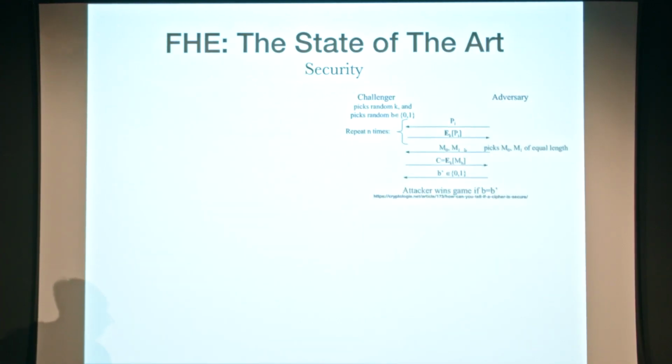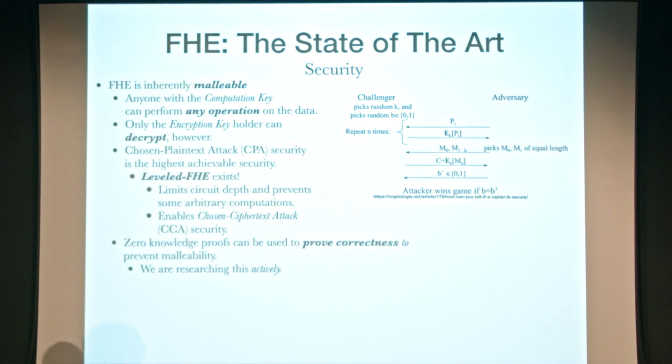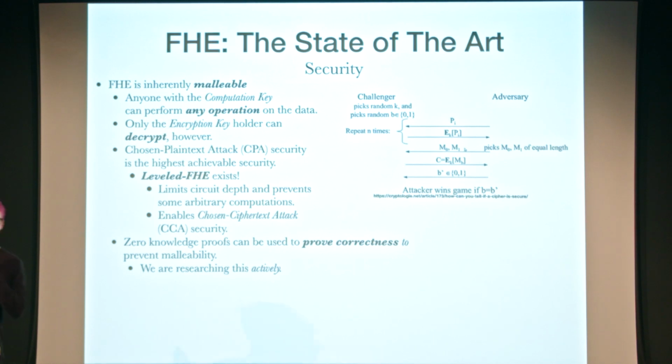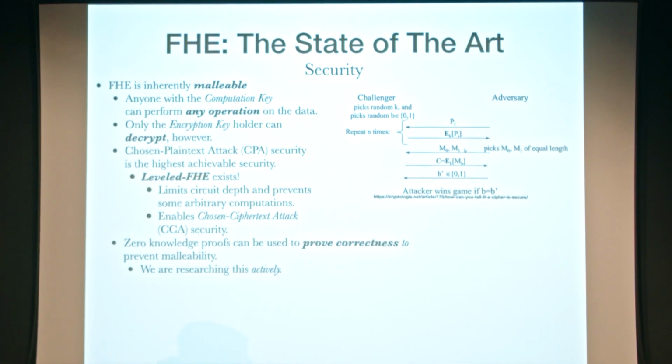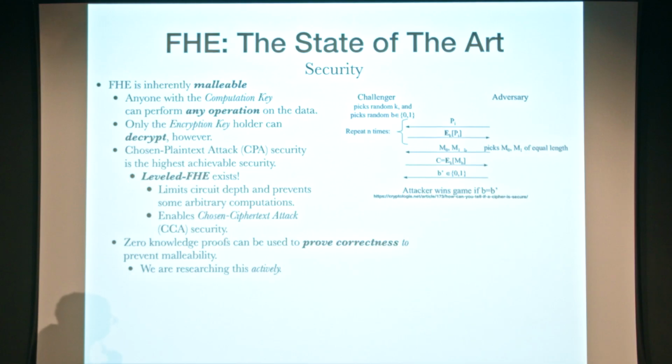So we'll get more into the security now. FHE is inherently malleable. Anyone with a computation key can perform any operation on the data, right? So only the encryption key holder can decrypt. But since we have chosen plaintext attack security as the highest achievable form of security here, there also exists leveled FHE, which enables us to actually achieve CCA security, which may be more preferable, right?